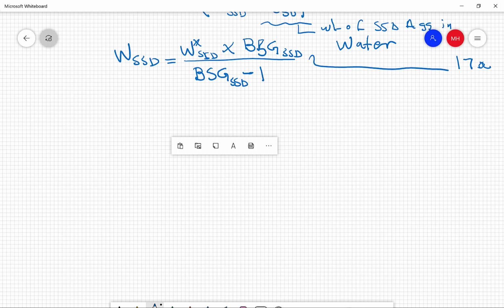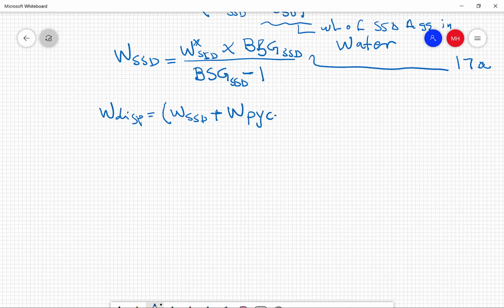So basically, listen to this equation here. Weight of the water displaced equals the weight of the SSD condition plus, sorry, the weight of the pycnometer minus the weight of the pycnometer and sand we identified earlier.